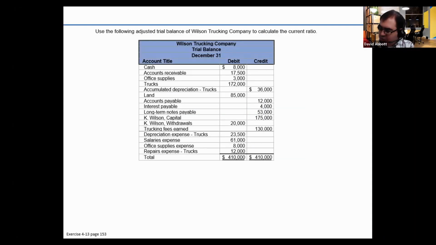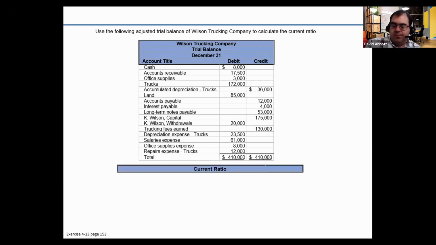What we're doing now is we're learning how to do our ratios, because I know there are some problems on the homework for this. So the current ratio is the current assets divided by the current liabilities. In our example, current assets are cash, accounts receivable, and office supplies, and our current liabilities are accounts payable and interest payable.